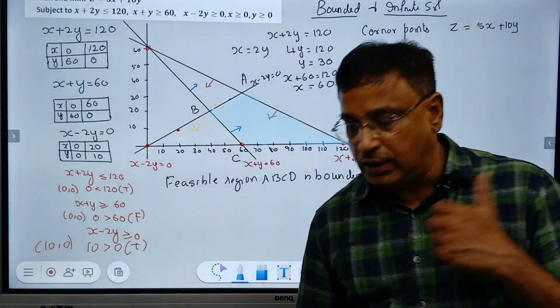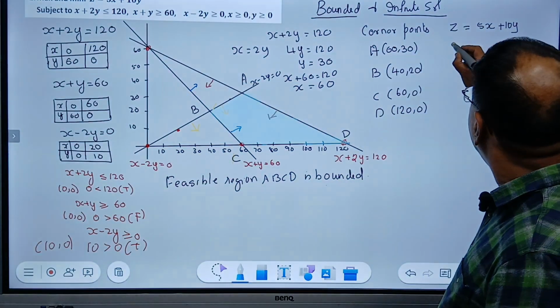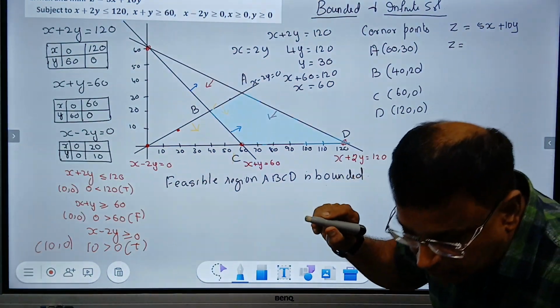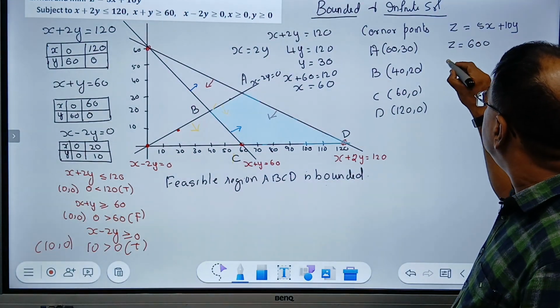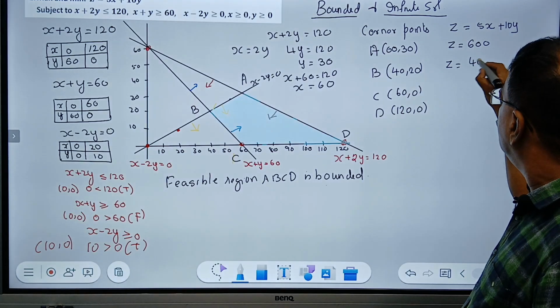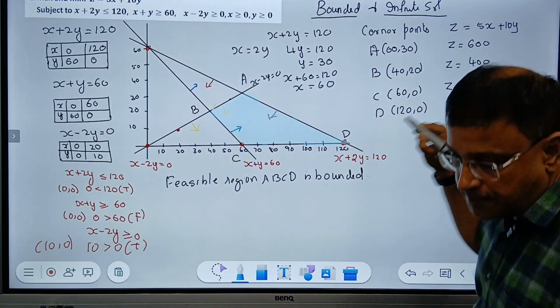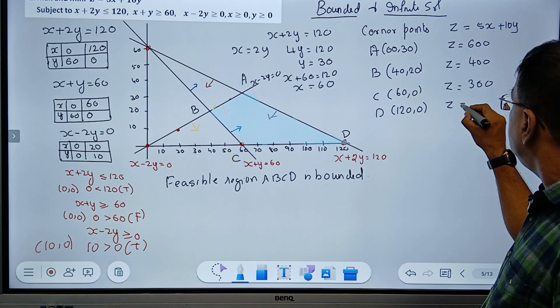Now how do I find the Z values? Substitute this. You get Z equal to, I have done the calculation, so I'll write it directly, 600. And Z equal to 400. Z equal to 300. And here Z equal to 600.